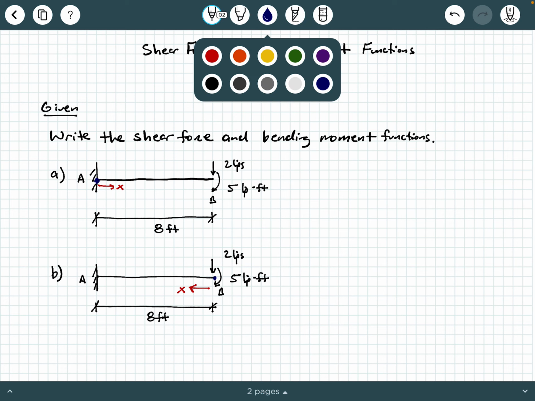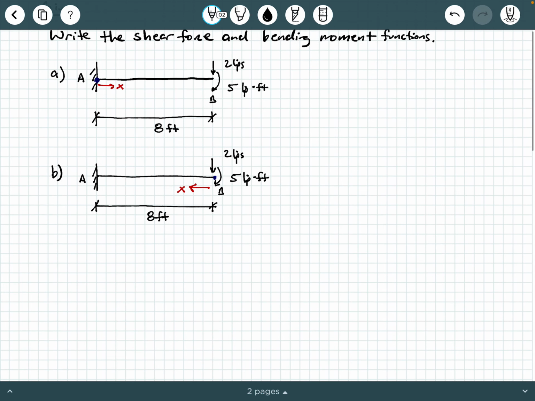So let's go ahead and write solution, and we're going to tackle part A first. Whenever you are writing your shear force and bending moment functions, all you're doing is using the method of sections, which comes from earlier in statics, and you're making a cut section at a distance x away from your specified origin.